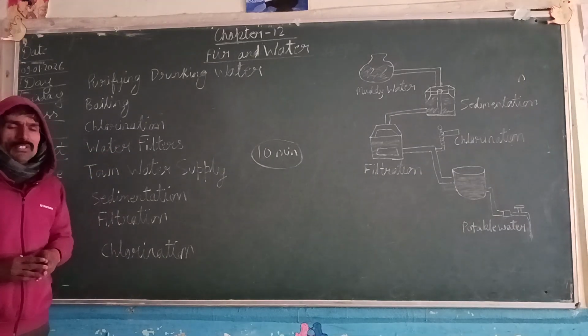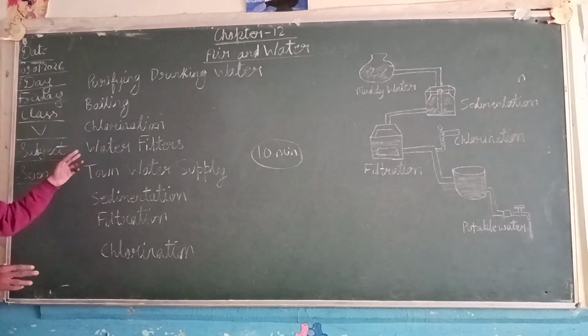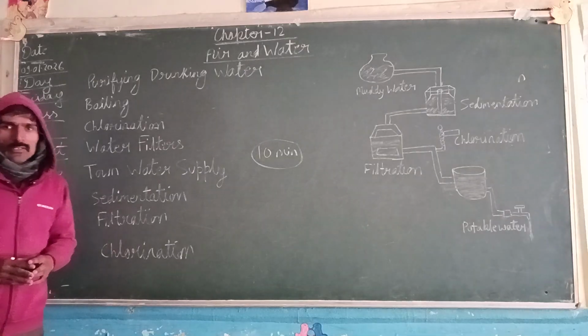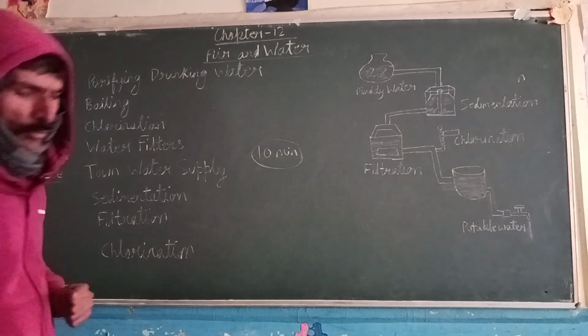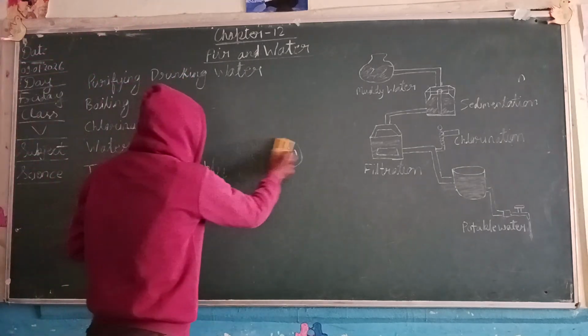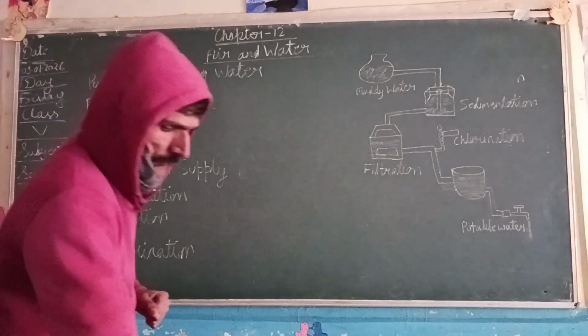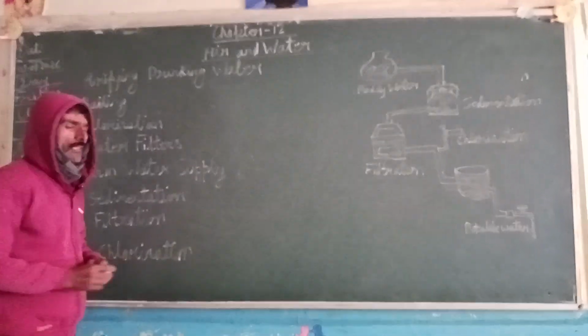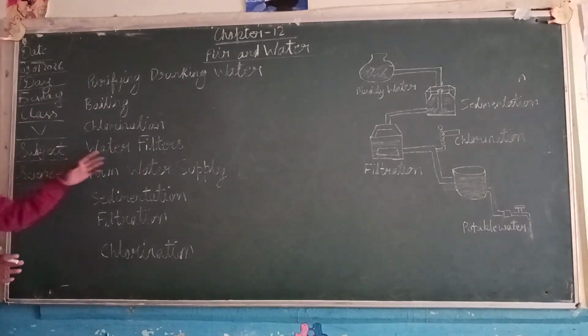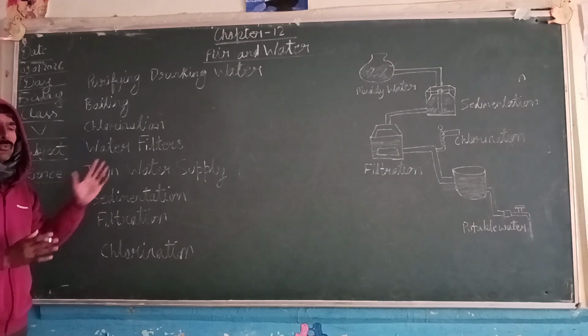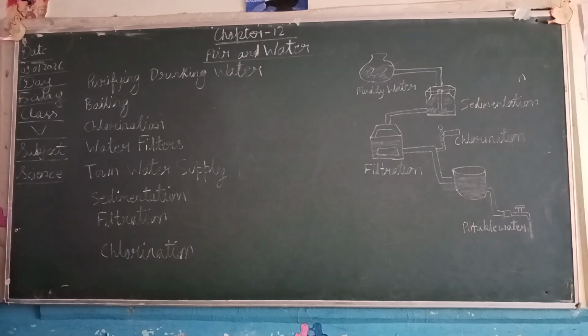Next is the water filter. In common language we know these as the water purifier and RO. At present there are many types of water purifiers and ROs used to purify water.